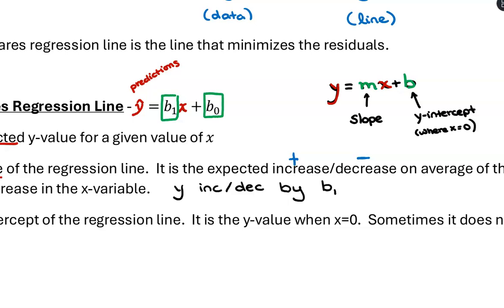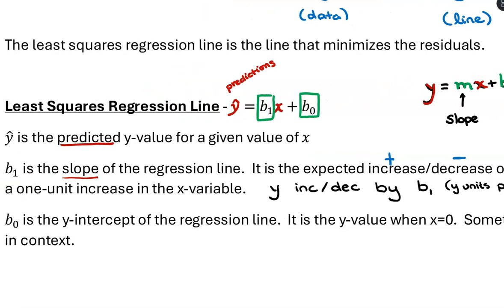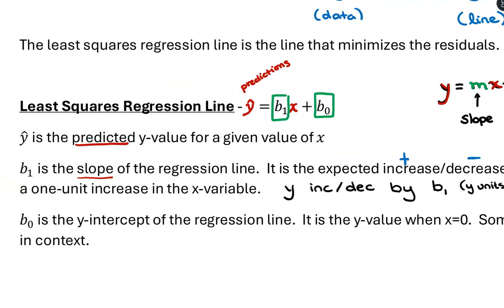And then we could describe it as a rate, like y units per x units. We can try that out with the example that we look at on the next page, but we could also say it is expected increase or decrease on average of y per 1 increase for x. So we can take a look at it two different ways, and I'll explain the same thing.